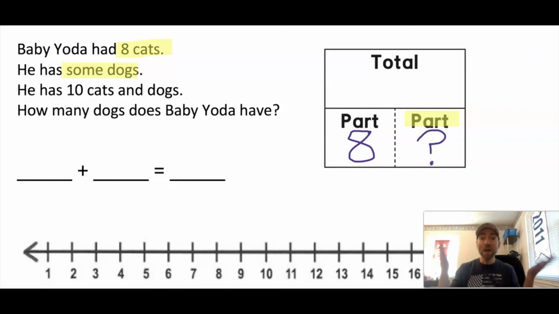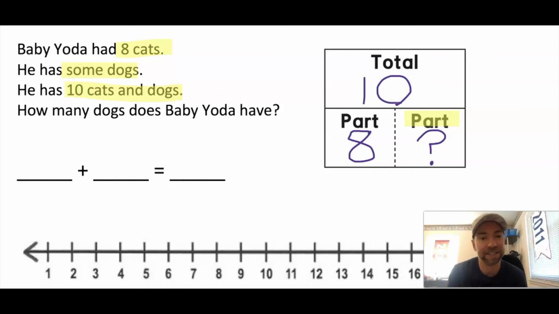We do not know how many dogs he has. But our story continues. He has 10 cats and dogs in all. So he has 10 in all. And we know that in all means the total. So where does that 10 have to go? It must go in the total box.